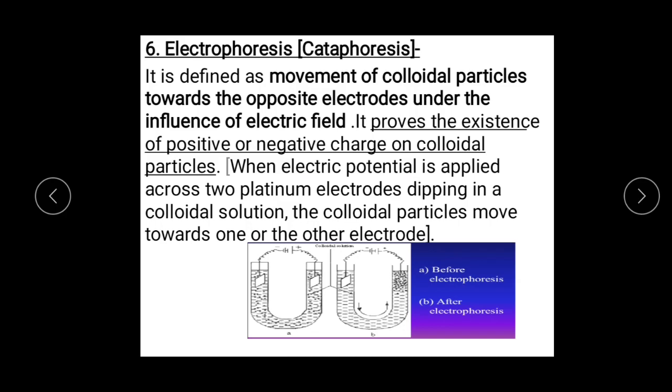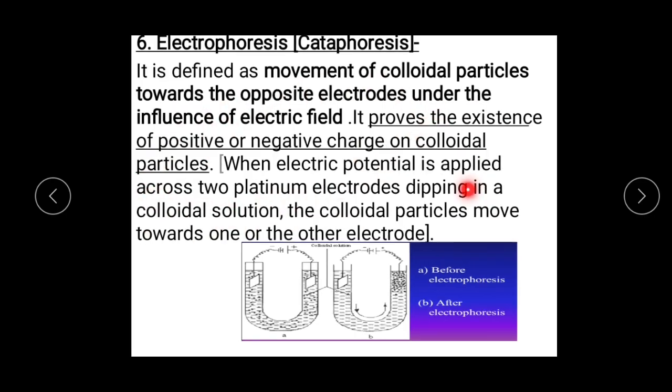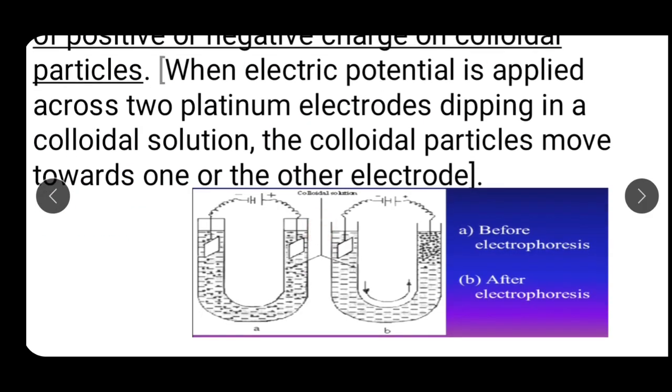Now the next property is electrophoresis. It is the movement of colloidal particles towards opposite electrodes under the influence of electric field. Now when the colloidal particles are moving to opposite electrodes, what does it prove? It proves the existence of positive or negative charges on the colloidal particles. In this diagram you can see that when electric potential is applied across the platinum electrodes, particles move towards one or the other electrode.